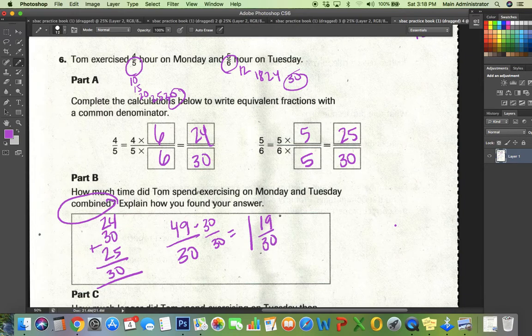There we go. Explain how you found your answer. How did I find my answer?